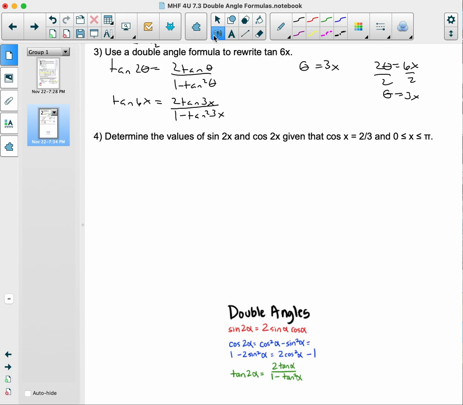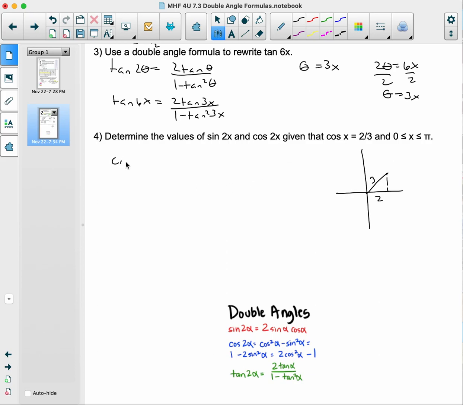Okay, so that means that I know that my angle, if cos is positive, has to be in quadrant 1. And I know that x is 2 and r is 3. So that was given. If you forget how to figure out sine, you can still find a value for cos 2x here, right?